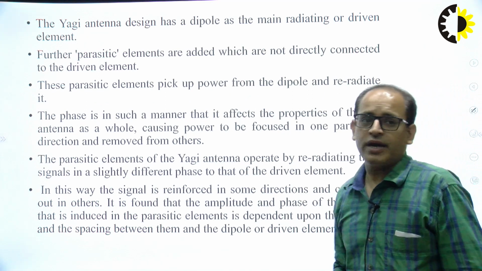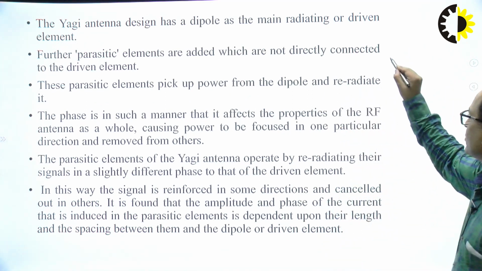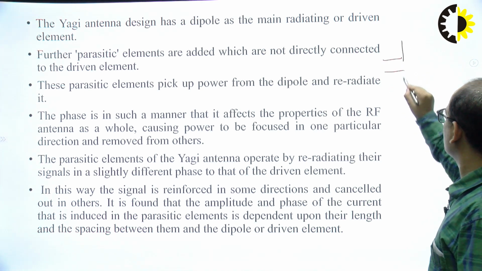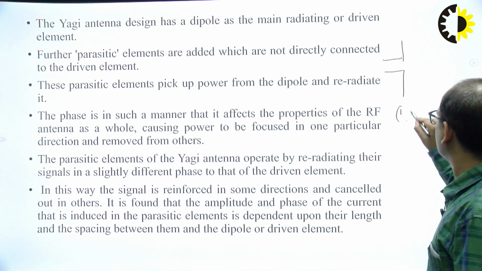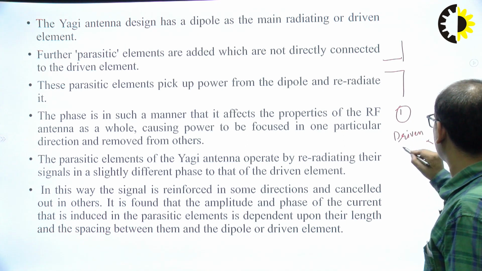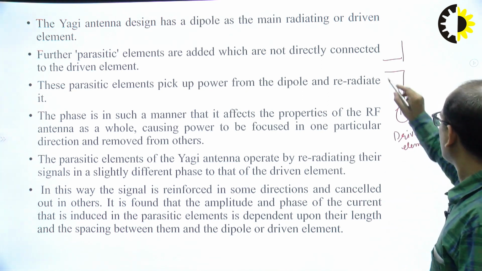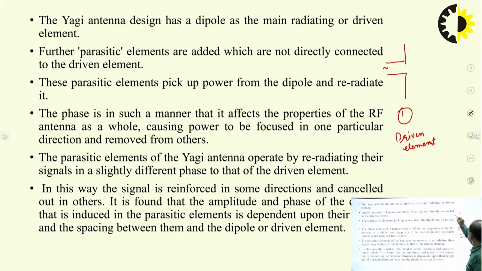This Yagi-Uda antenna mainly consists of three elements. The first element is known as the driven element, and this driven element is connected to the power supply of the system, which can be a TV or anything.